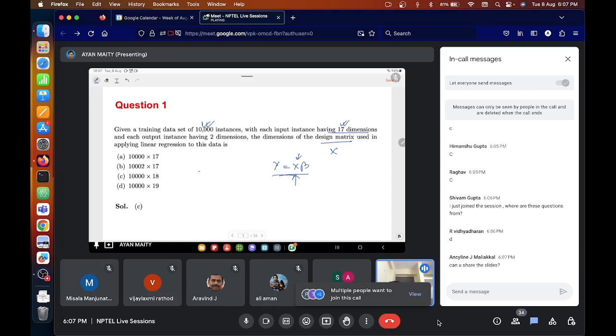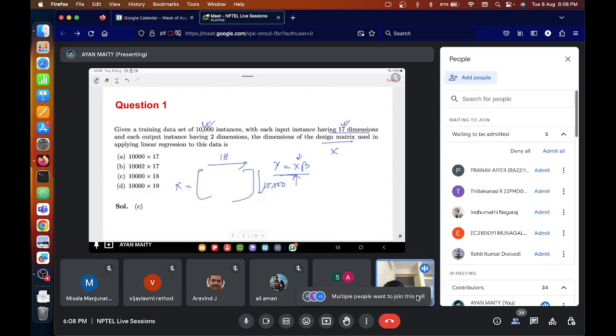So the X would look like this. There will be 10,000 instances, so 10,000 rows, and total 18 columns in X, the design matrix. 17 input dimensions and 1 intercept, which is not included in the input instances. So this is how you will get the answer.